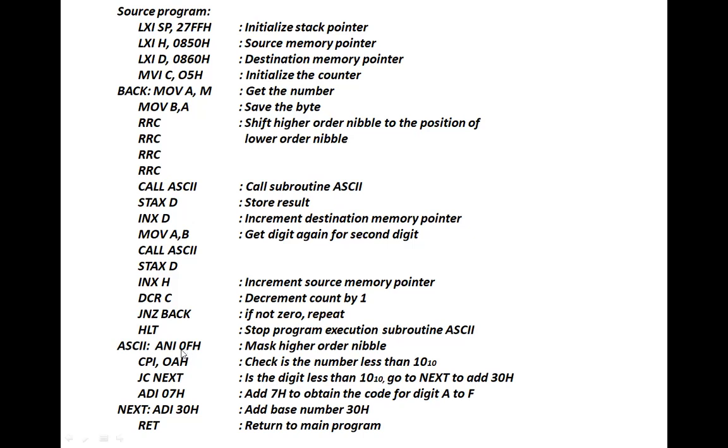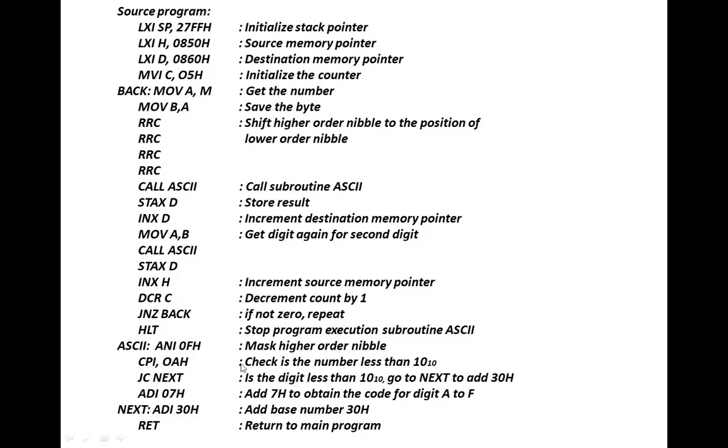Whatever is the higher order nibble will become 0. And whatever is the lower order nibble will remain as it is, whatever its value is, because it is being ANDed with 0, 0, 0, 0, and 1, 1, 1, 1. So because of the property of the AND operation, we mask the higher order nibble and the lower order nibble remains as it is.